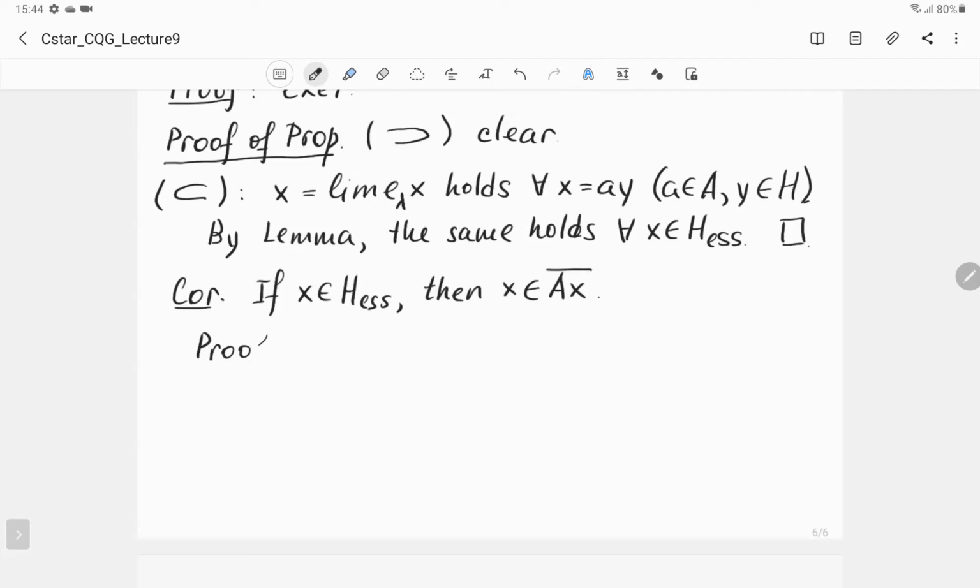Well, indeed, to prove this result, we just use the formula from the previous proposition. So x is equal to the following limit, and this limit obviously belongs to the cyclic submodule generated by x. And that's it.